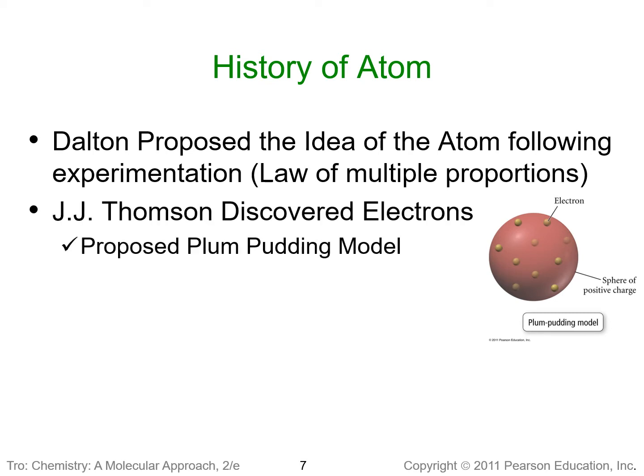J.J. Thomson discovered electrons, and he proposed the plum pudding model of the atom, in which there was a positive charge, and inside that positive charge there were negative electrons that just kind of were in there. Another way to think about it is a blueberry muffin model of the atom.